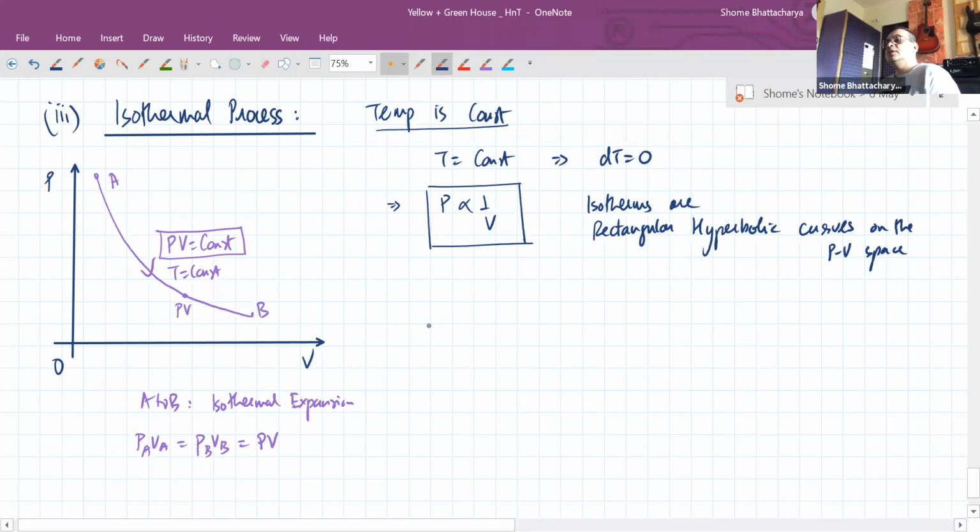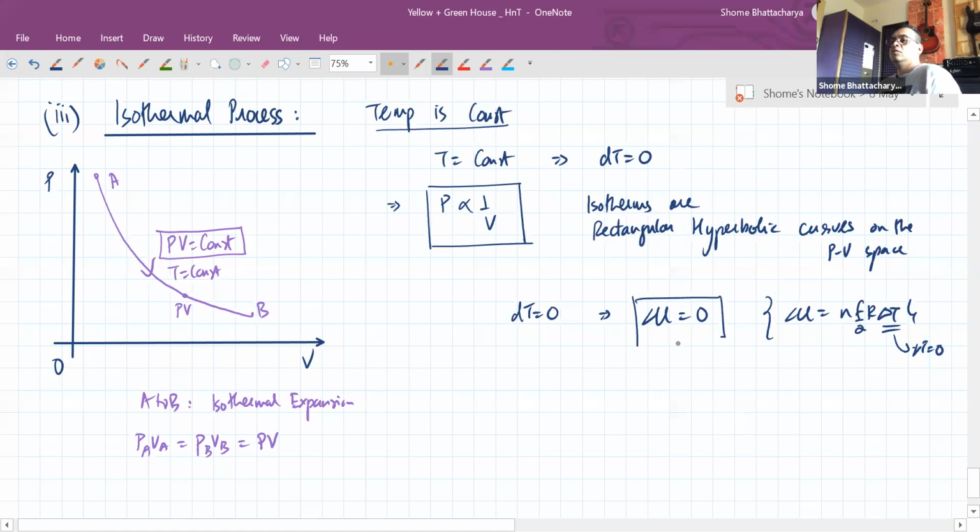So also this means that if the temperature is uniform, it means that the change in internal energy is zero, because delta U is, and here delta T will be zero.